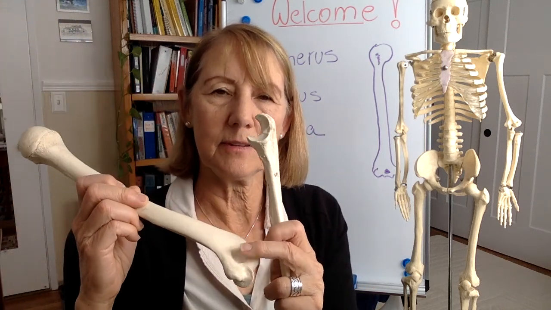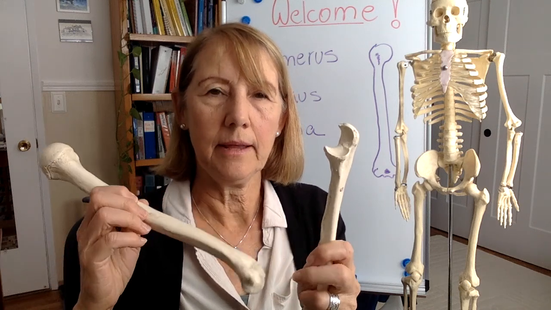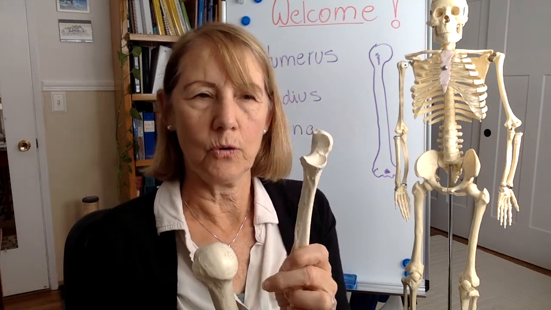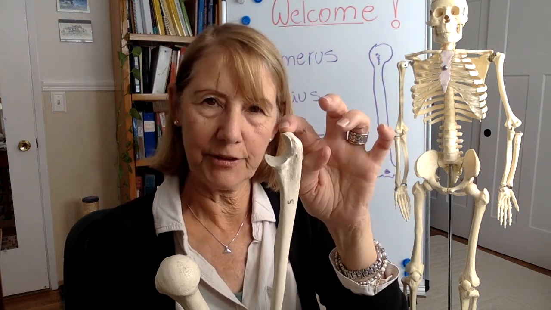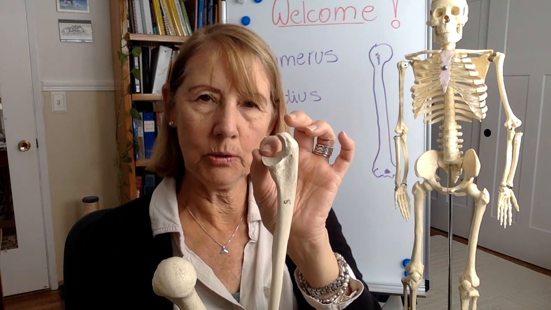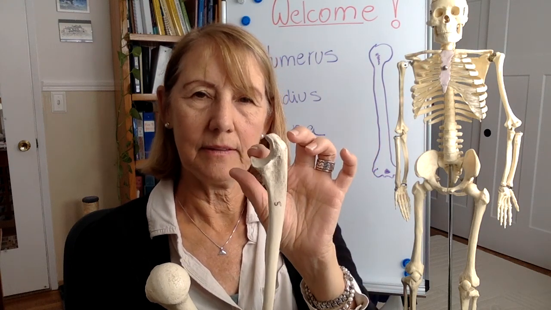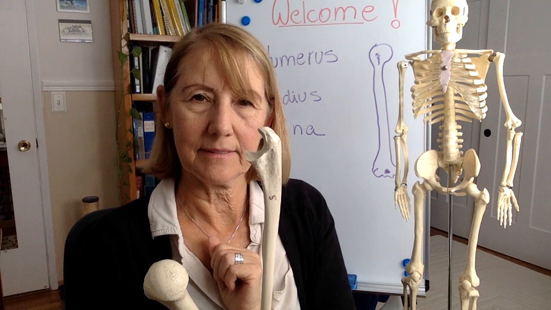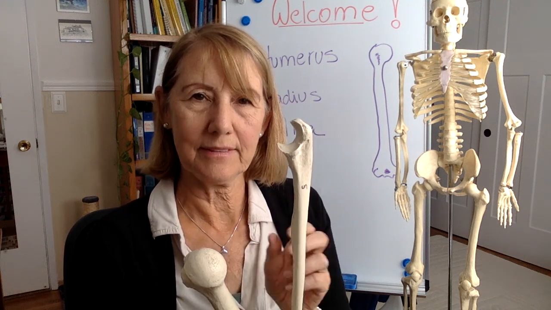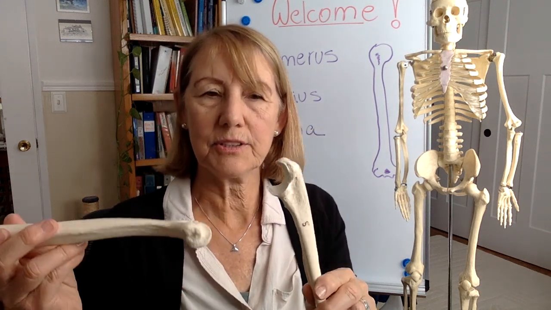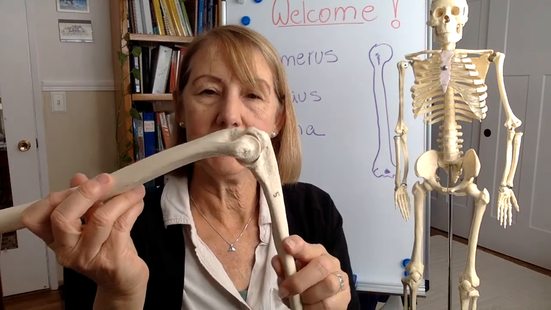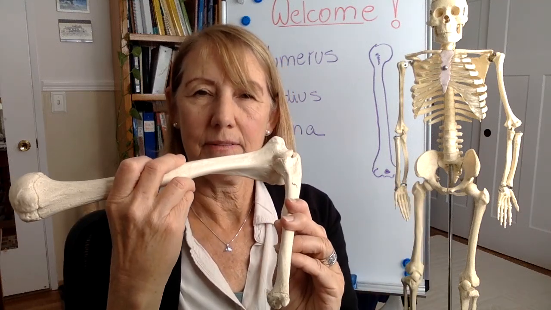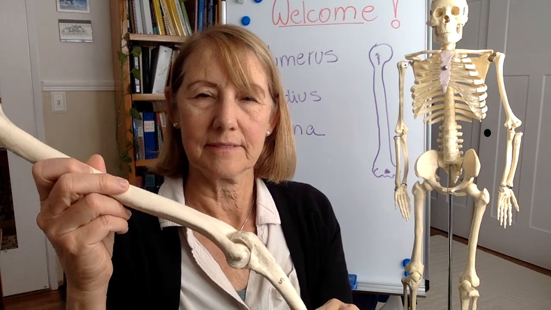So the names of the fossae, which were ole, corona, are the same for ole, corona. Up here is the olecranon process, and the lower lip of this is the coronoid process. Olecranon process and coronoid process. And those are going to go into the olecranon fossa and then come up into the coronoid fossa.